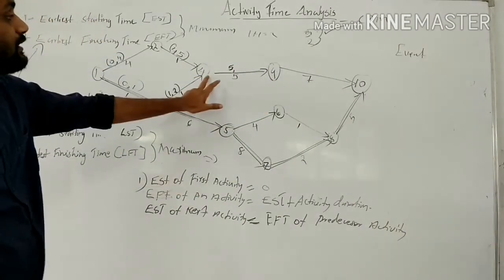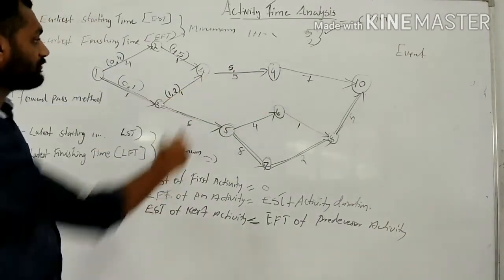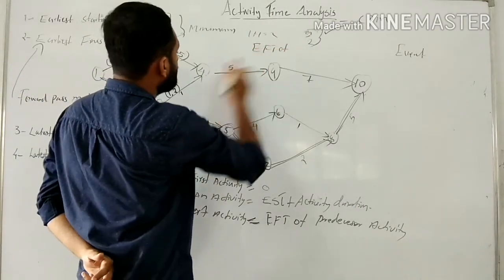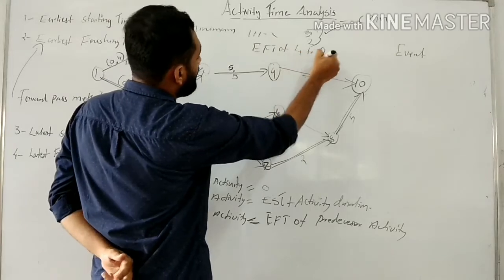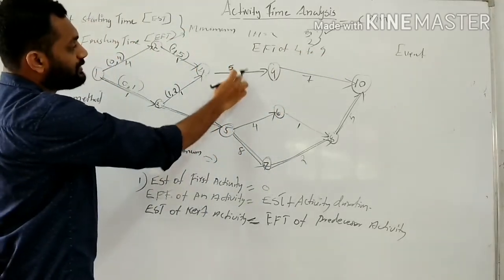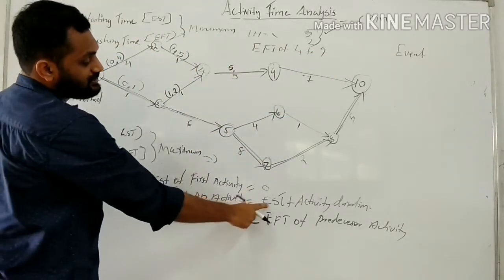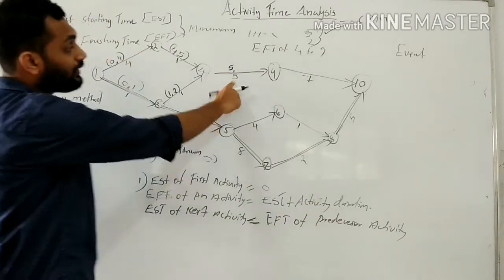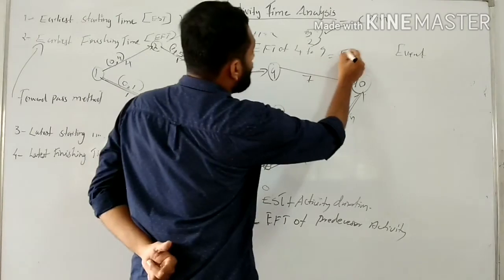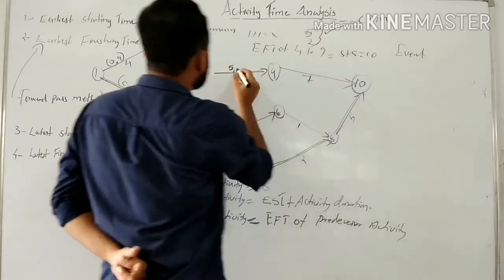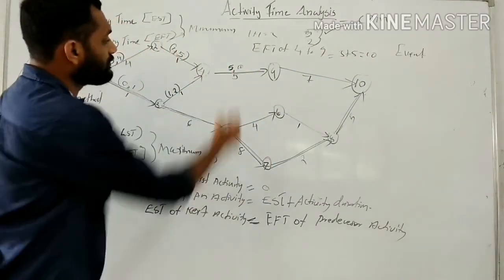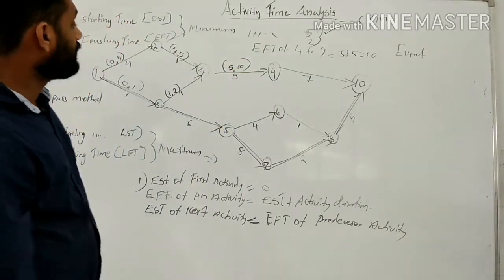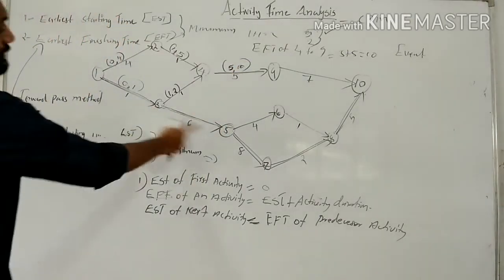Then the EFT of 4 to 9 is ESP plus activity duration, 5 plus 5 is equal to 10 days. 10 is the EFT of 4 to 9. Then 3 to 5.